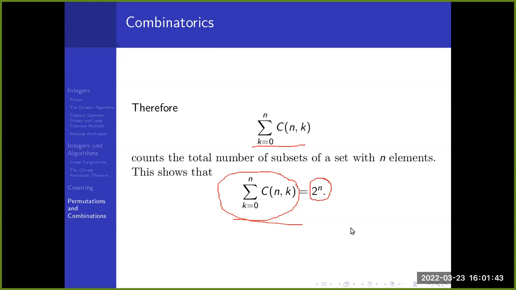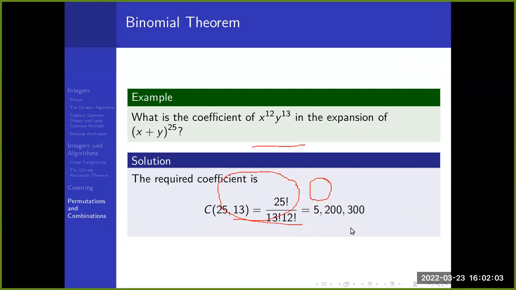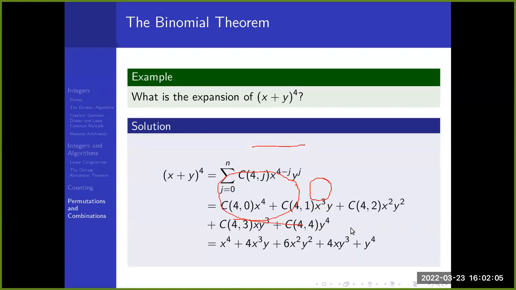So these two must be equal. Okay. So that is the binomial theorem.